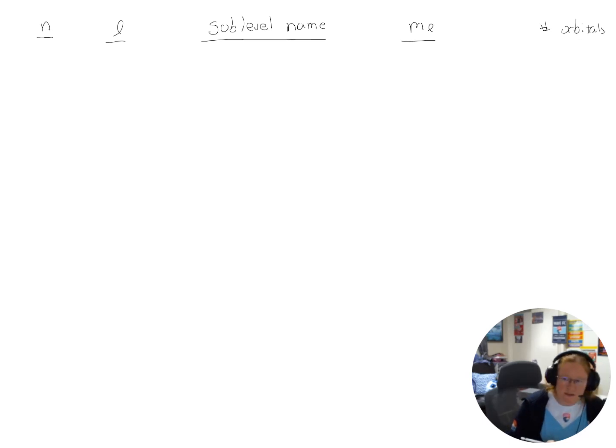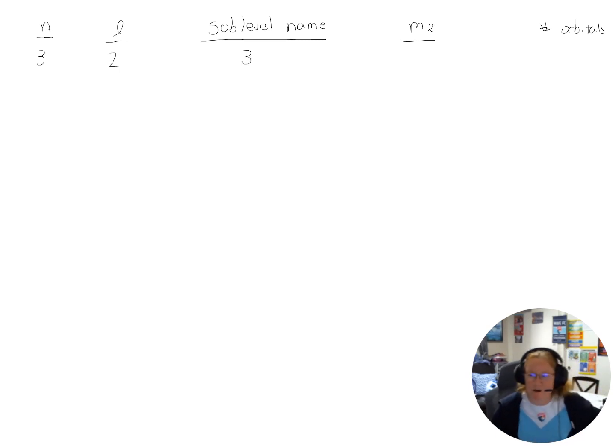All right, so A had an n of 3 and an L of 2. Okay, so if the n is 3, our sublevel name is going to be a 3 something. So for an L of 2, is that an S, P, D, or F orbital? It is a d orbital. So our sublevel is 3d.